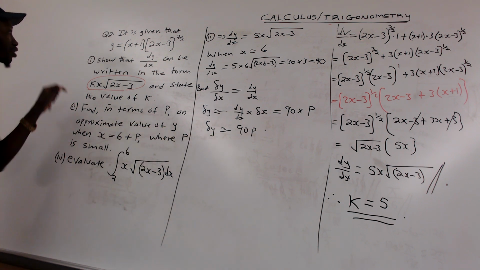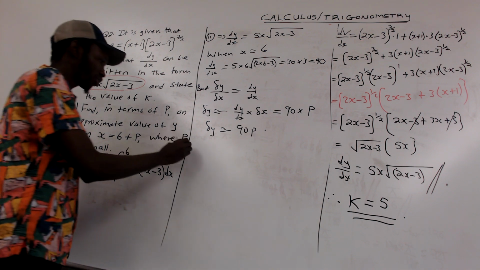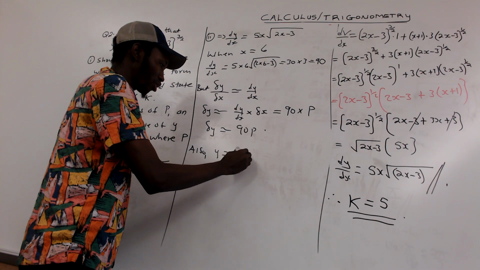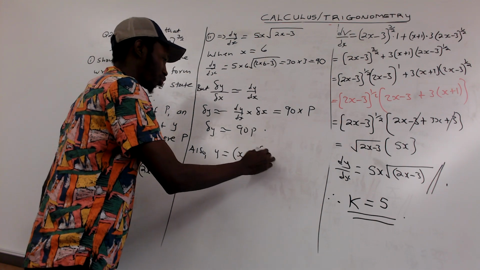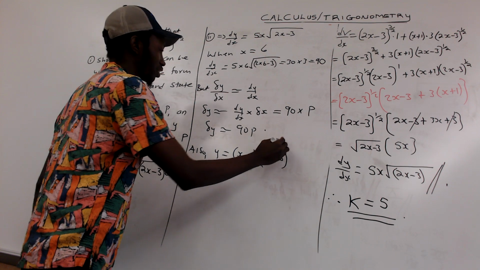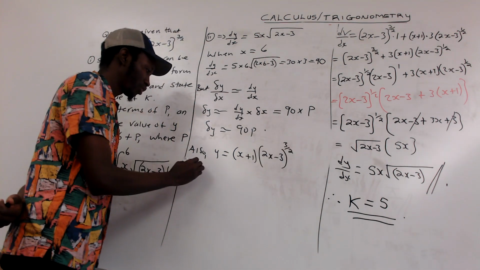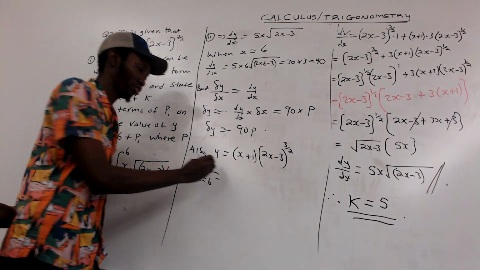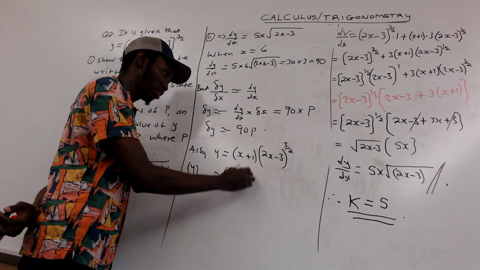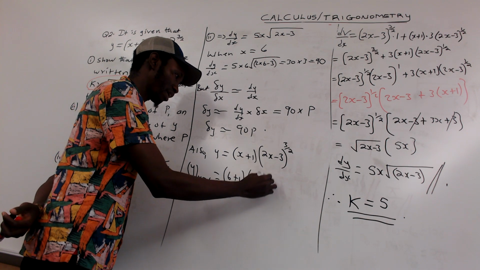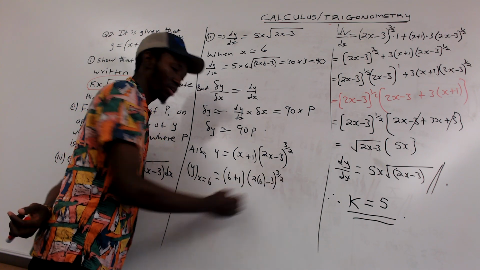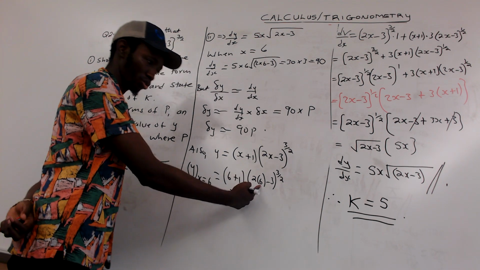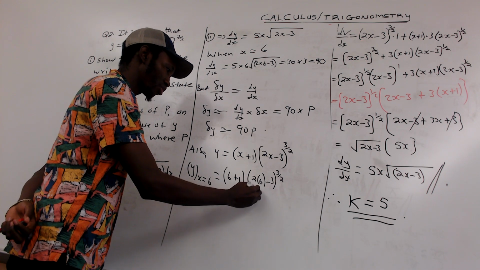We also need to find the approximate value of y for y equals (x plus 1) times (2x minus 3) raised to the power 3 over 2. We find the approximate value of y when x equals 6. It's the same thing. So this is going to be (6 plus 1) times (2 times 6 minus 3) raised to the power 3 over 2. If we simplify, 6 plus 1 is 7, times 2 times 6 is 12, 12 minus 3 is 9, raised to the power 3 over 2.